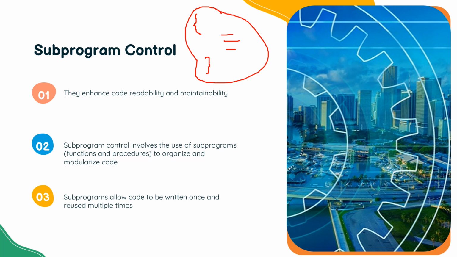It allows the programmer to write the code once, and it can be used multiple times. That is the easy thing about subprogram control. In general, we also use this type of subprogram control in real life: we do a small work that becomes a big task as a whole.